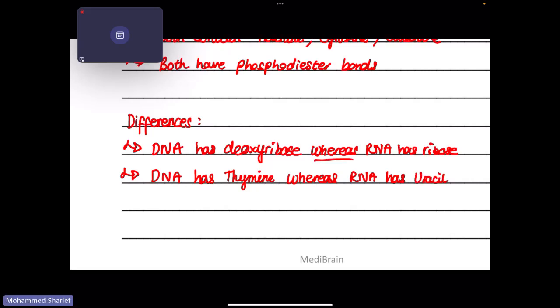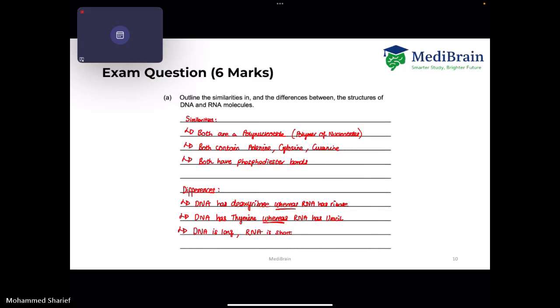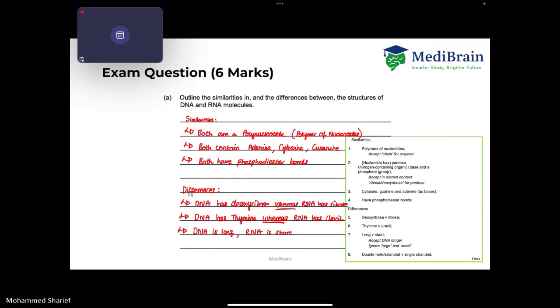Okay, so we're making that comparison. We're saying whereas. Okay, and then finally, DNA is long. RNA is short. Okay, we made that comparison again.